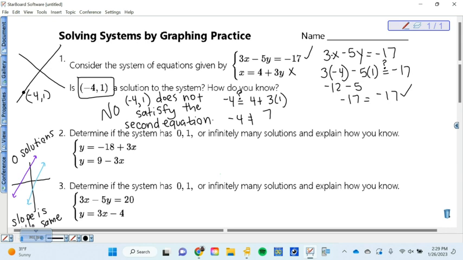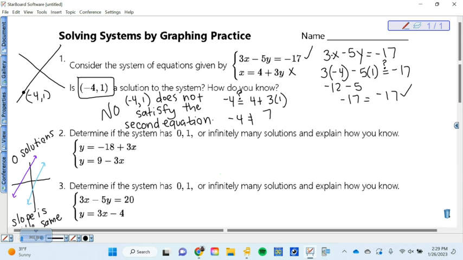So again, you will have a problem like this on the quiz, where you do exactly that. You plug in the point into both equations. Okay. If you forget what to do when you go take your quiz, I'm going to ask you to pull out this paper. So make sure you hold on to this paper. Make sure you're writing your notes down.